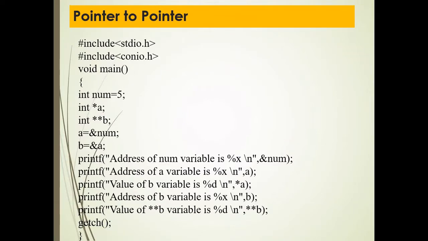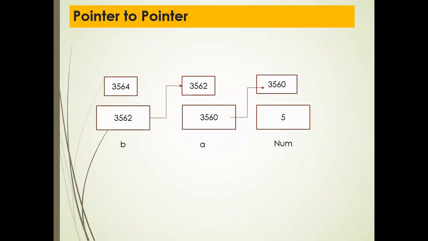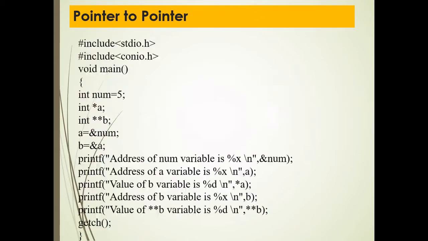In this case, a equals address of num and b equals address of a. We just see here with the help of this diagram: a contains the address of num, b contains the address of a. So b contains the address of a, meaning b directly points to the variable num.